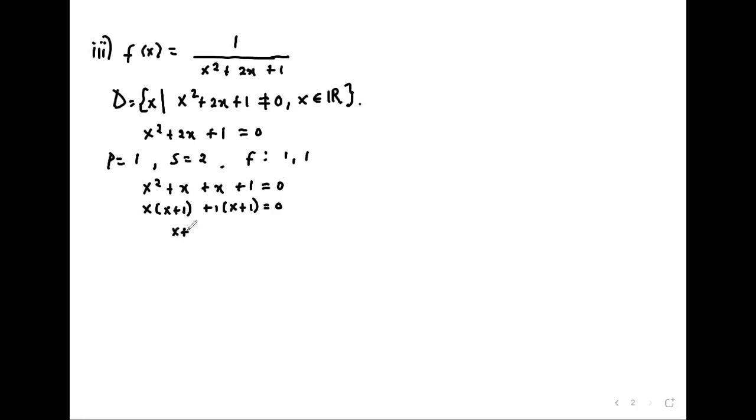So that x plus 1 is common and x plus 1 remains. So this is 0 only at x is equal to -1. So what is our domain? Our domain is x such that x is not equal to -1, but x is any other real number. That's all.